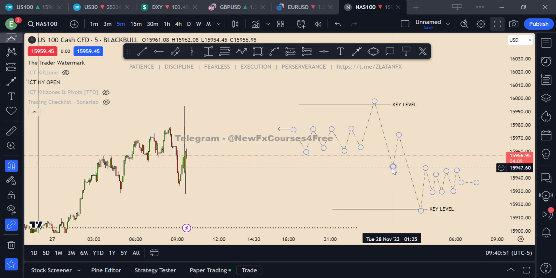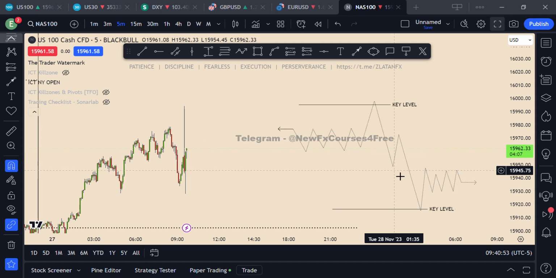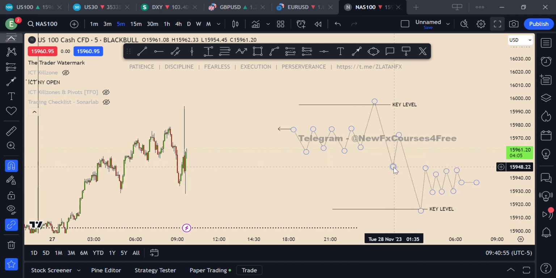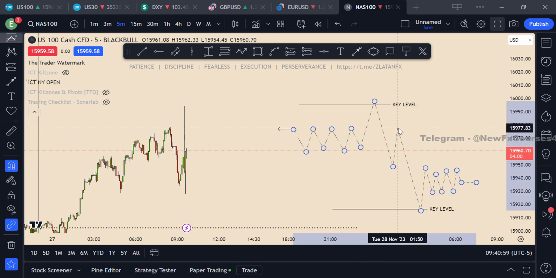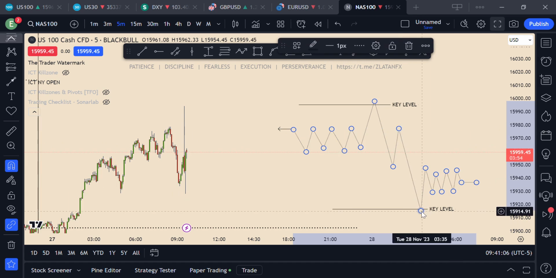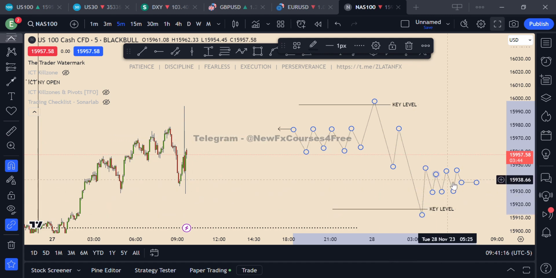You understand? And this is the New York time. We want to get an OTE, New York OTE retracement and then continuation into the key level for the day, and then we expect a reaction of that key level and then we close.